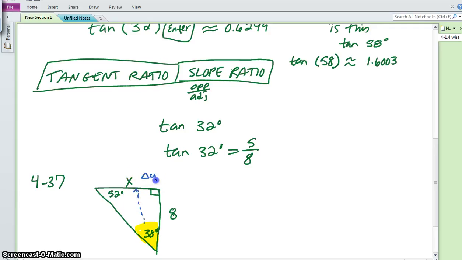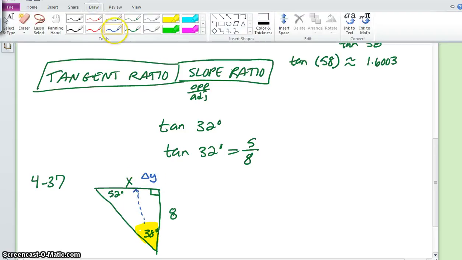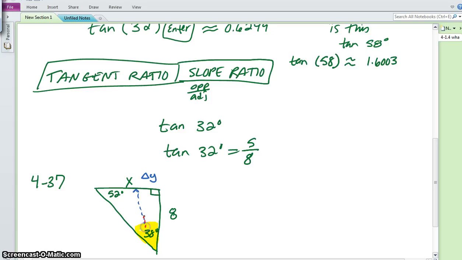There's my change in Y. And visualize also what is adjacent to 38. There's my change in X. And the equation I can write is tangent of 38 degrees equals change in Y over change in X, which is the measure of the leg opposite divided by the measure of the leg adjacent, which gives me X over 8.